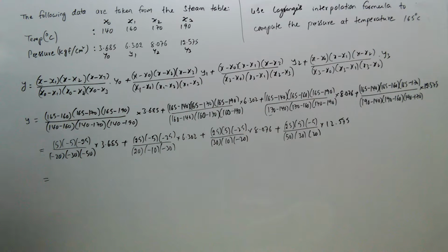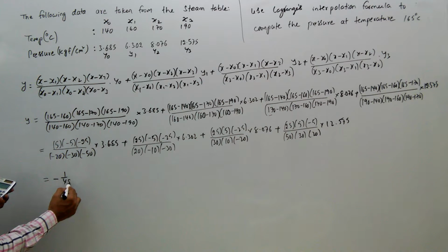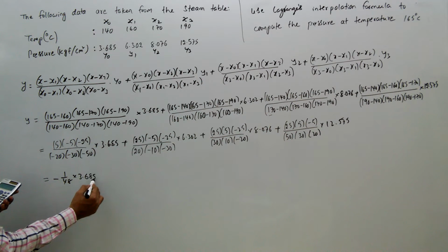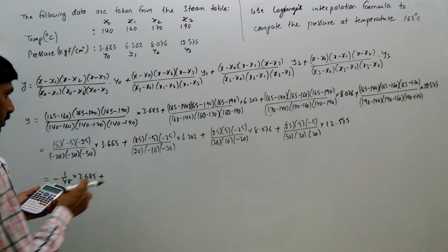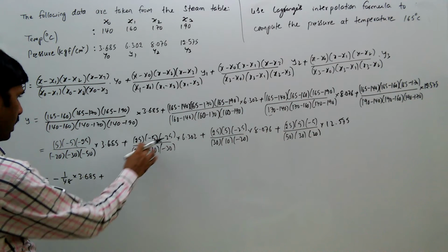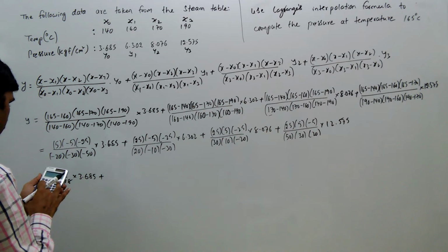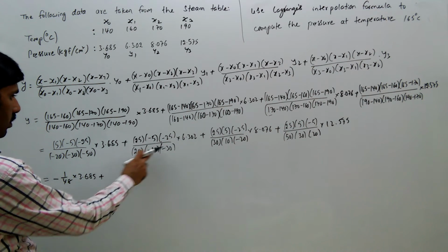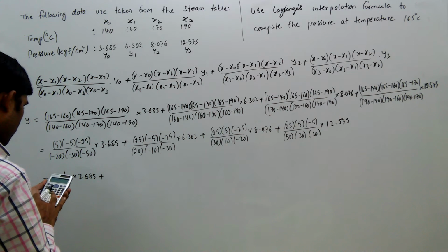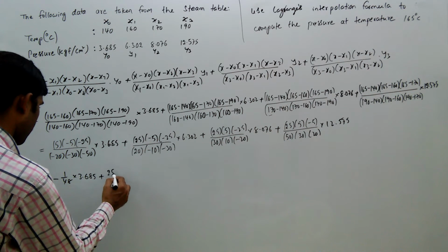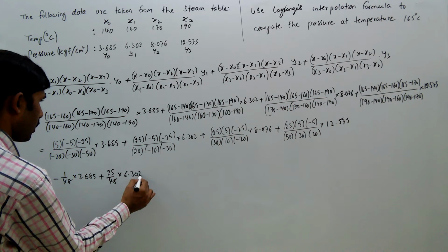here minus will come actually, here 25 into 25 into 25 divided by 600 into 50, 1 by 48 minus 1 by 48 into 3.685 plus that one 625 minus, all minus will go, 625 into 5 divided by 6,000, 3 into 6, 6,000, 25 by 48 into 6.302.